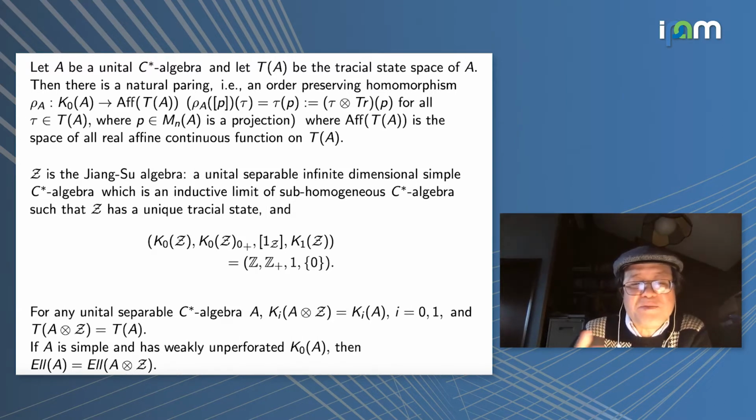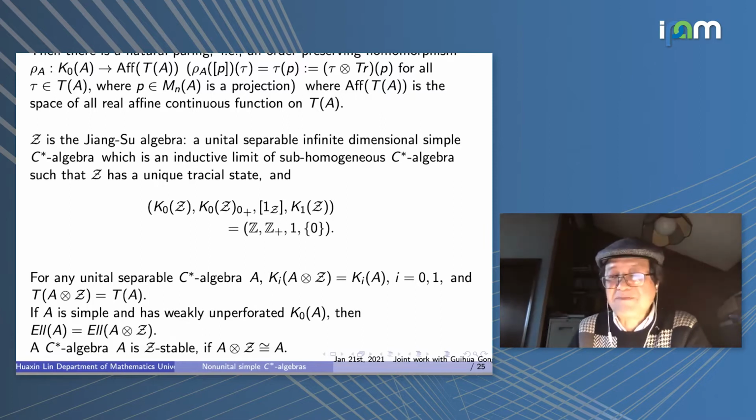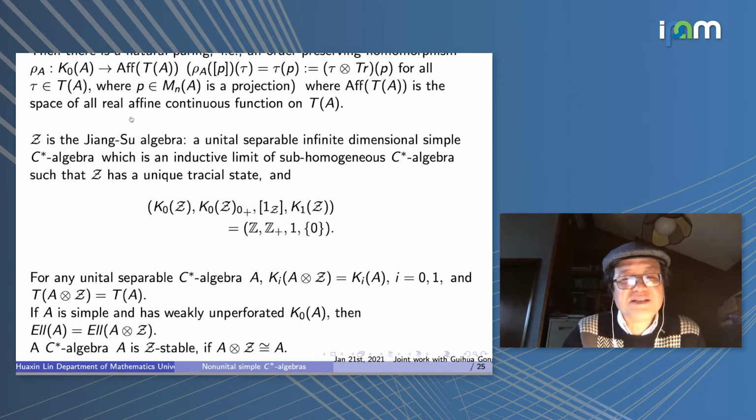And assume A has a weakly unperforated K0, then the Elliott invariant will remain the same. So that is one of the reasons that we classify C-star algebras which are Z stable, since the Elliott invariant is not going to distinguish A from A tensor Z.